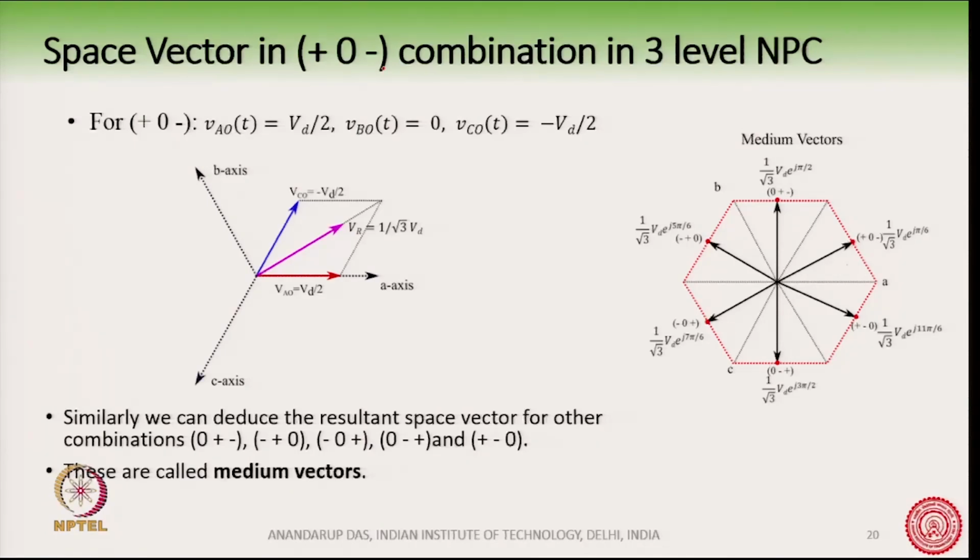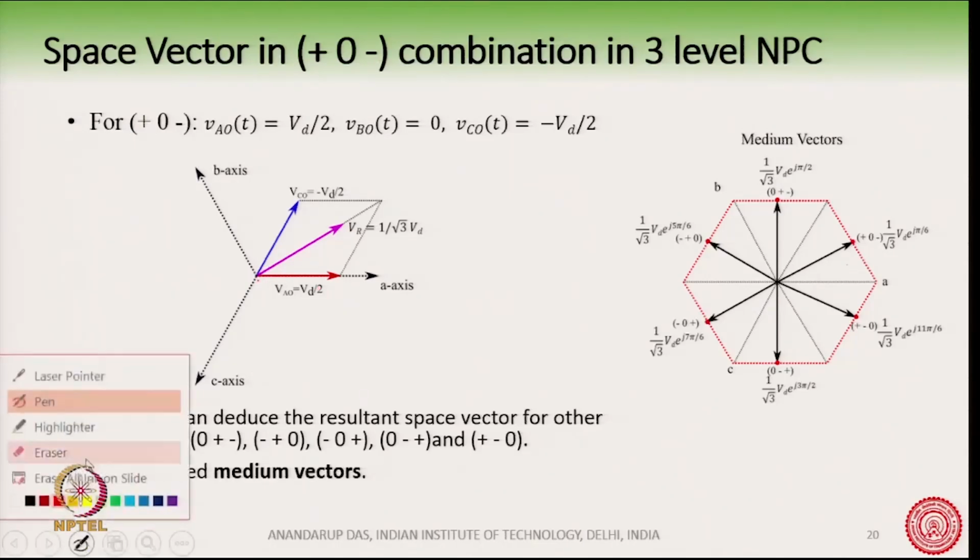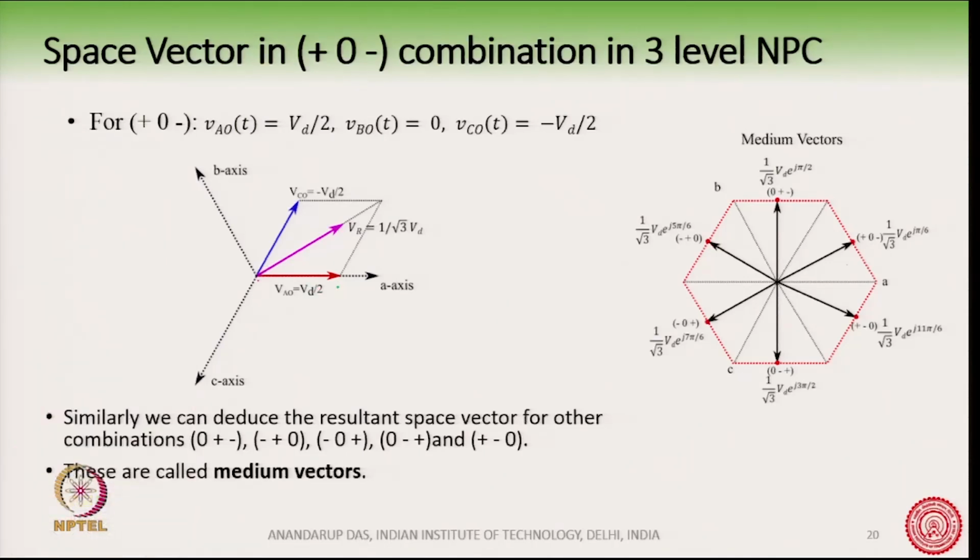If I take a plus 0 minus combination, I can then draw the resultant. So, plus 0 minus means on the A axis, let me take a different color, on the A axis this is Vd by 2, because it is plus on the A axis.